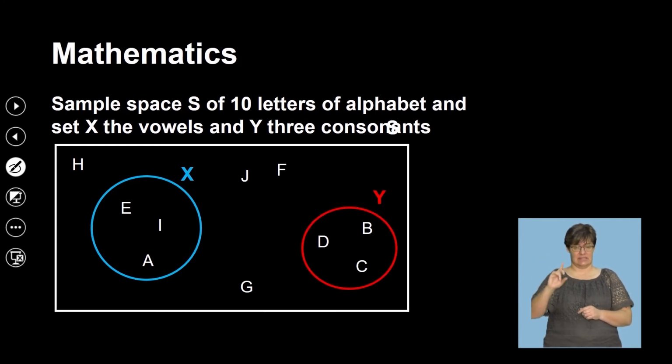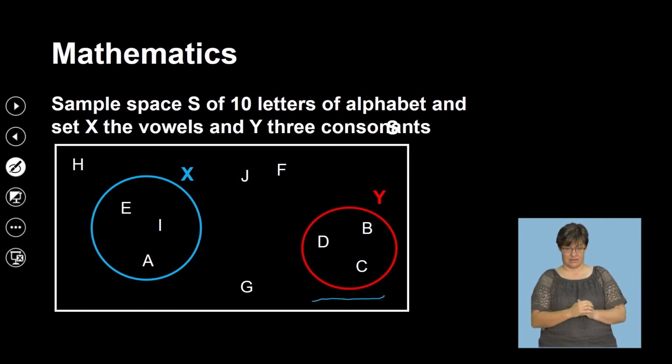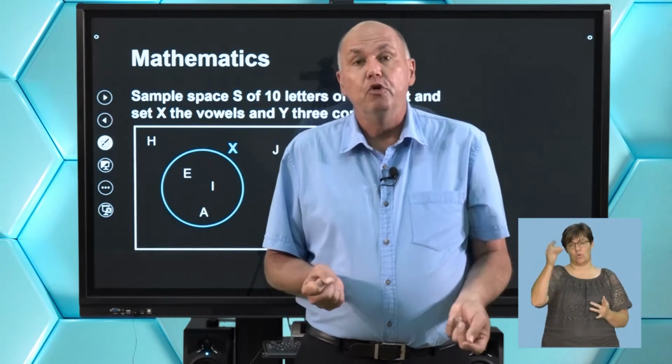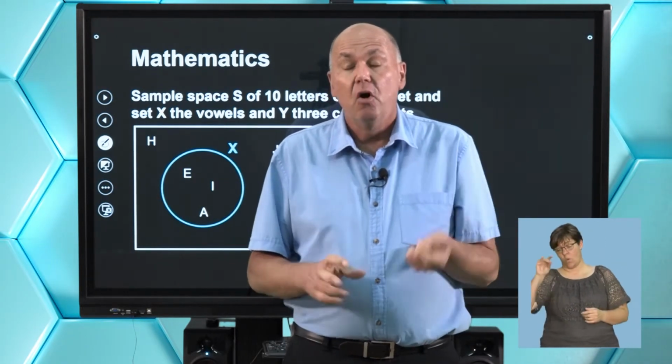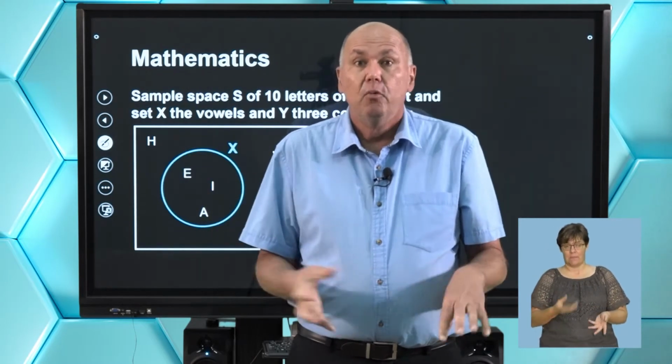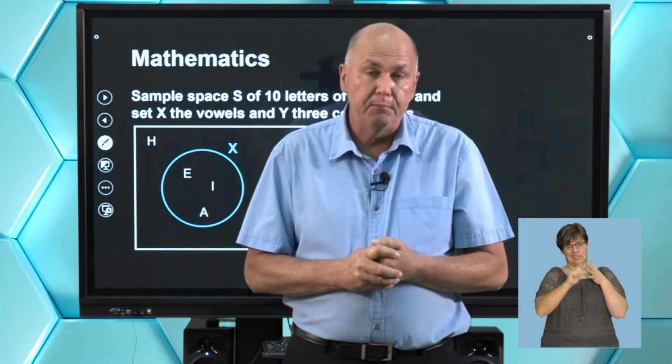We've got B, C, and D. They belong to the set that we are going to call Y. And you can see that there is nothing in common between these two. They're quite different. And if we were to play a game, and you could win if you draw either an element from set X or from set Y, well, then you've got a number of different options.